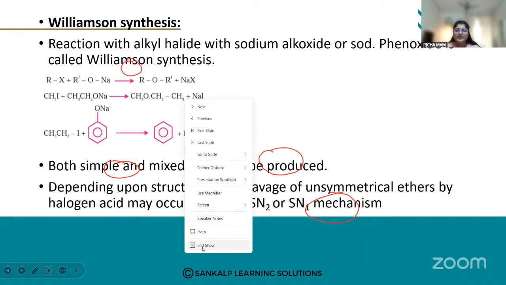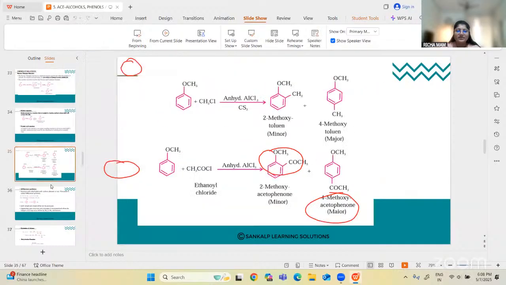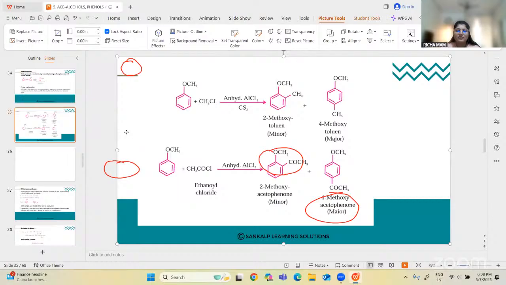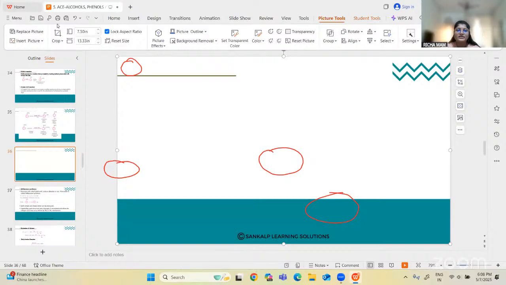Next we will see a few more reactions for phenols.